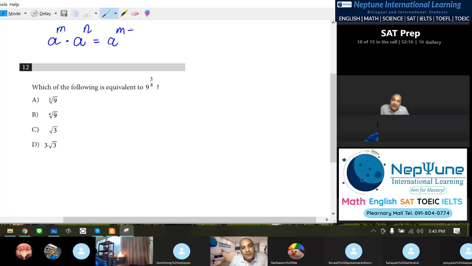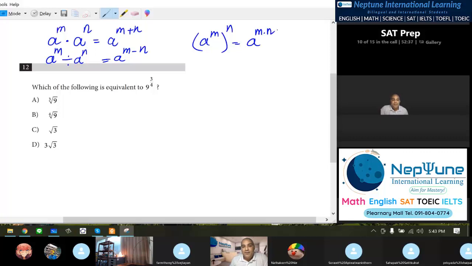And we also have power of power. If this is a to the power of m and then raised to the power of n, then it becomes the product of m and n. Then we also know if we have the n-th root of a to the power of m, then you can write it as a raised to m over n. These are the things that we need to know.